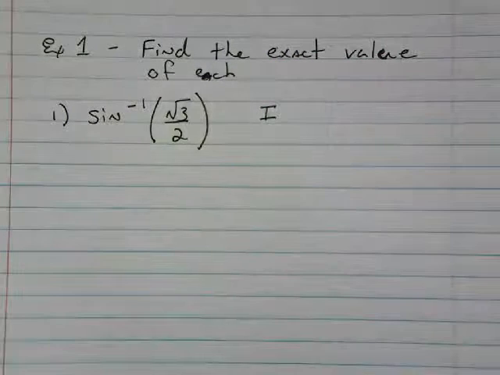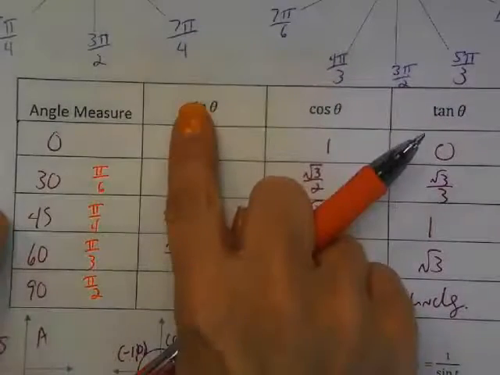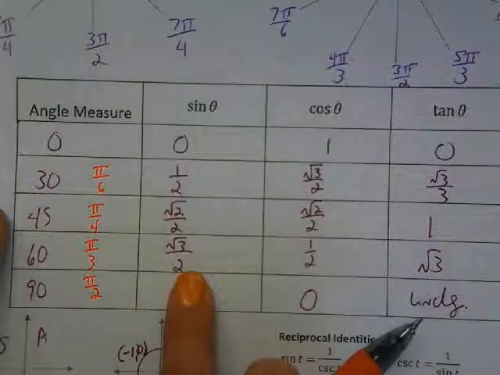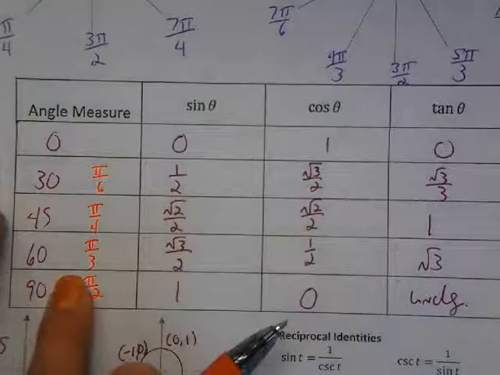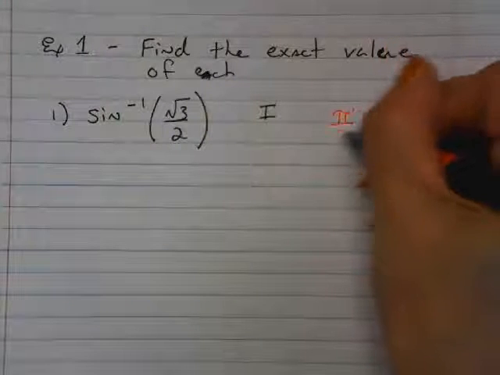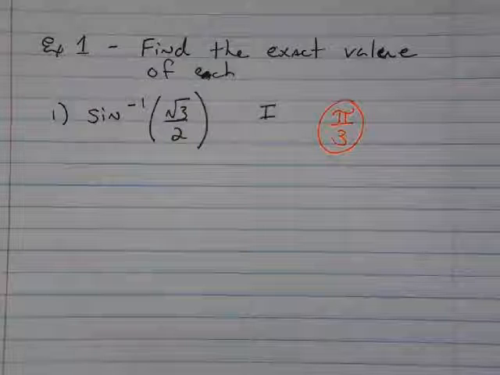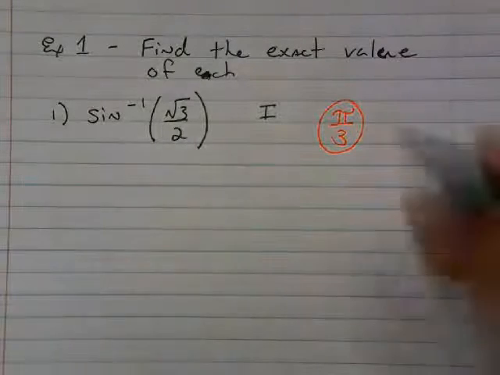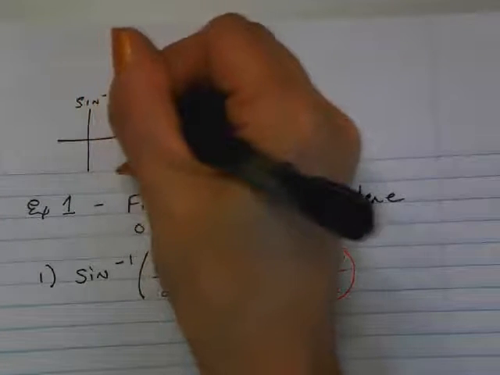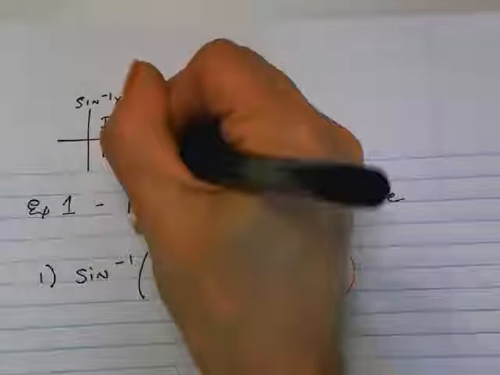Alrighty? Now, these you're going to work backwards. You're going to go to sine and find your square root of 3 over 2 and come across to get your angle. Because I'm in quadrant 1, I know that I am truly pi over 3. So today you're sort of working backwards. What you need to do, and you might want to write it up here, is that the inverse sine exists in quadrants 1 and 4.